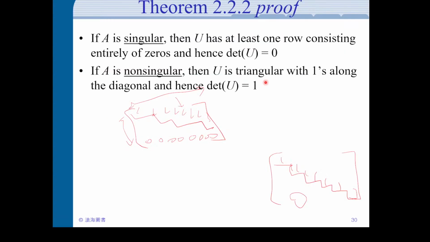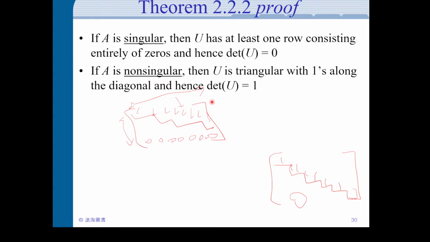If U is the reduced row echelon form and A is non-singular, then U is just the identity, with ones along the diagonal, and the determinant of U equals 1, and 1 is not equal to 0.